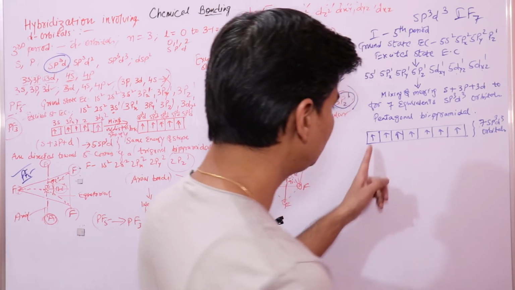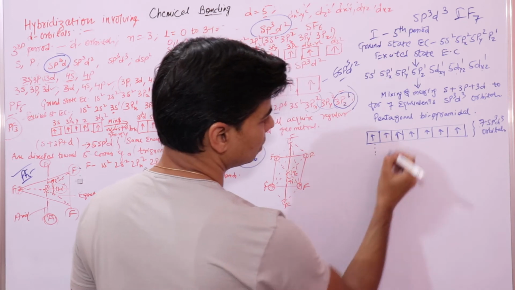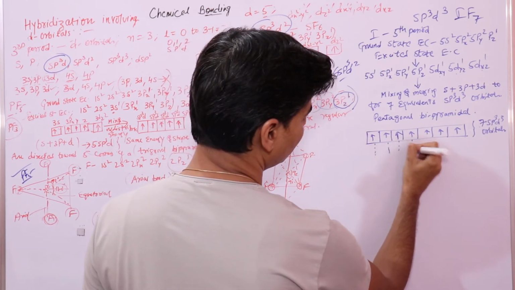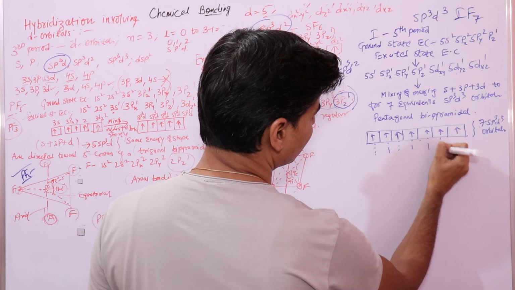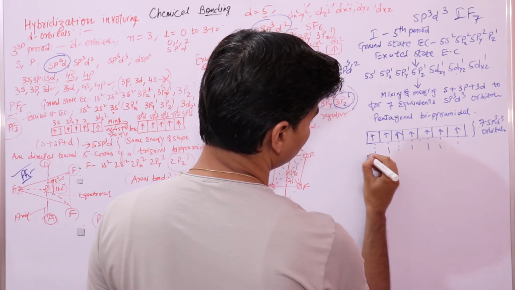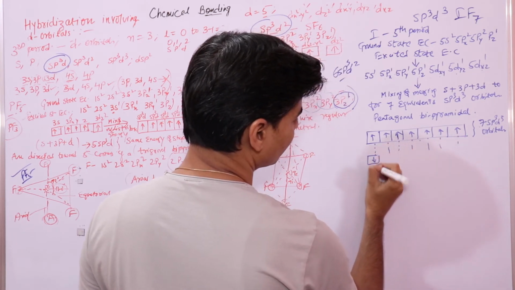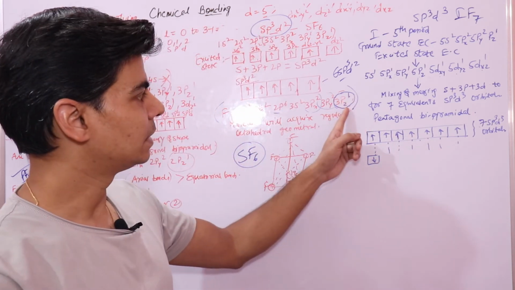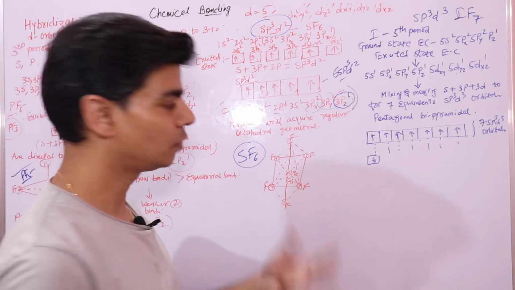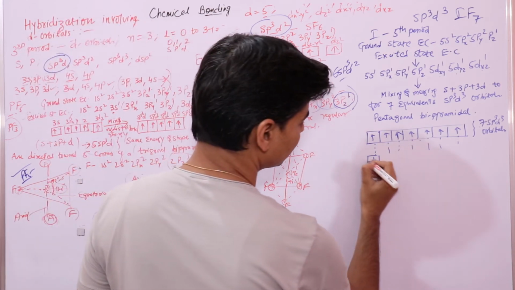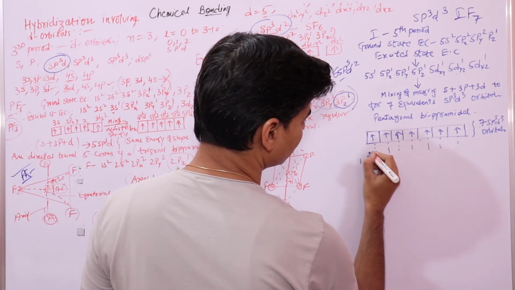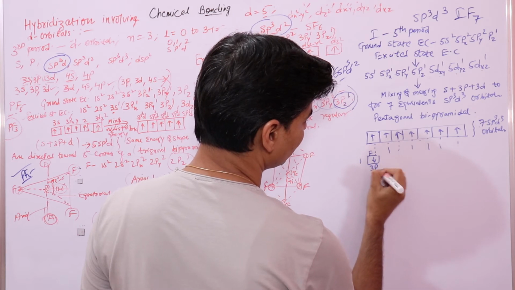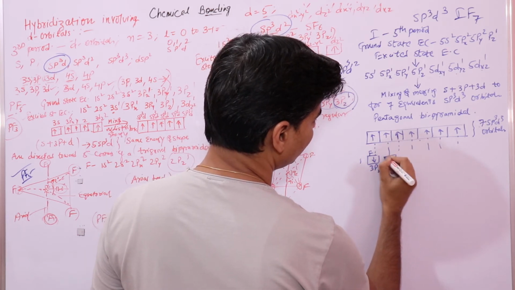Now each of these orbitals will overlap with the 3pz orbital of a fluorine atom.